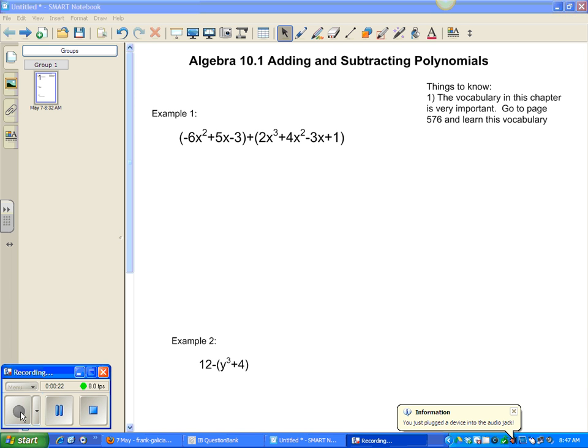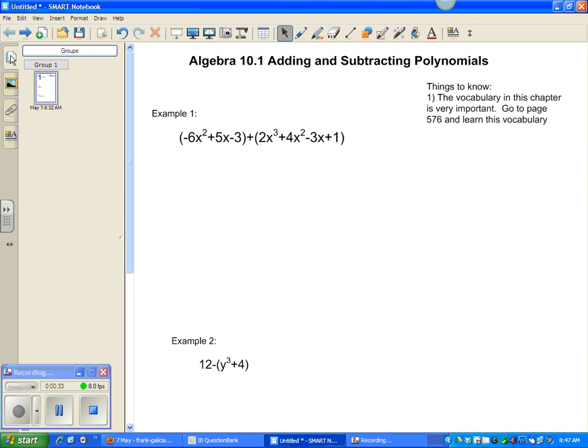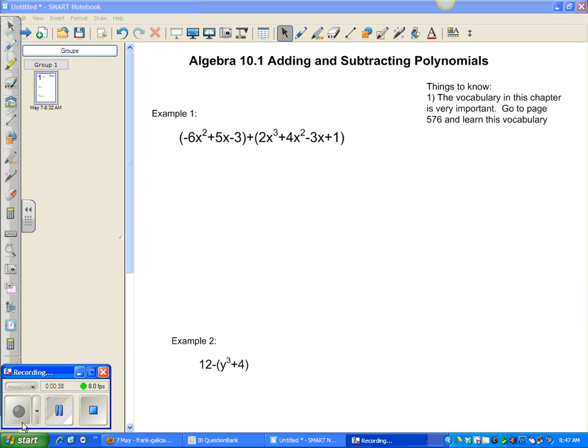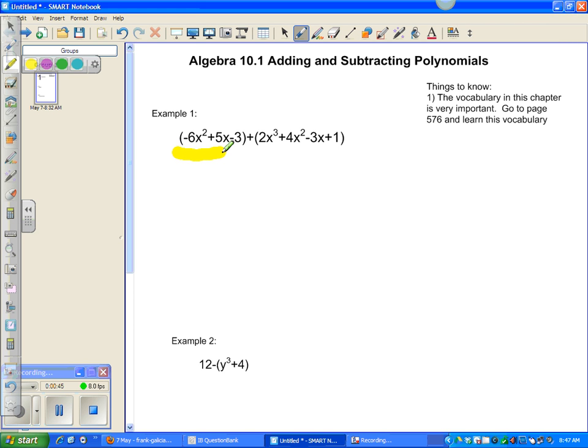10.1 is really easy, and basically what you're doing here is combining all the terms in one section. So, for example, in section 1, you're combining all the numbers in this area with all the terms in this area, not just the numbers, but the terms.